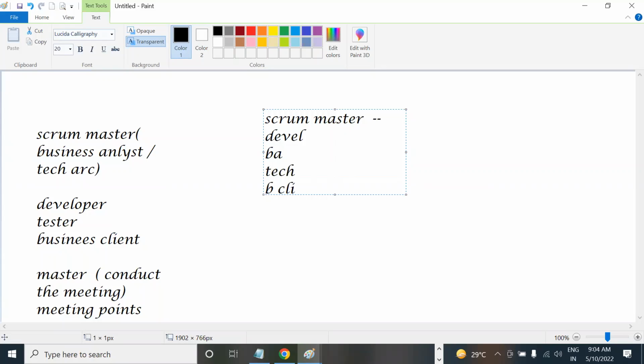But generally companies won't keep another person for free, just for a meeting context share. So they have given the scrum master task to the business analyst or technical architect. In general, the technical architect will take this. Any doubts still here?